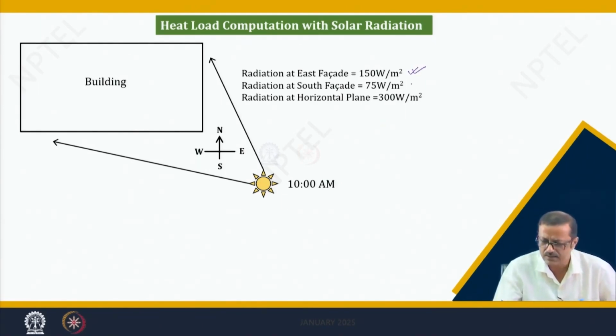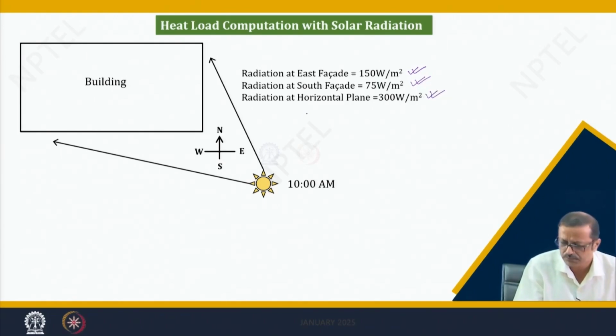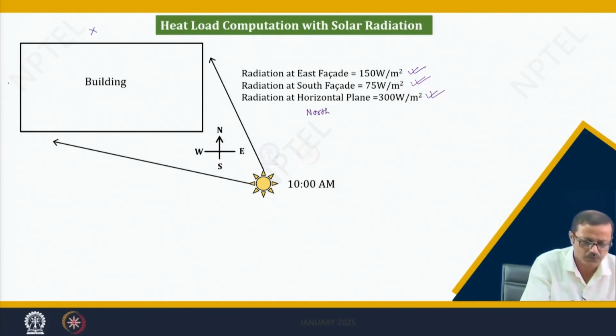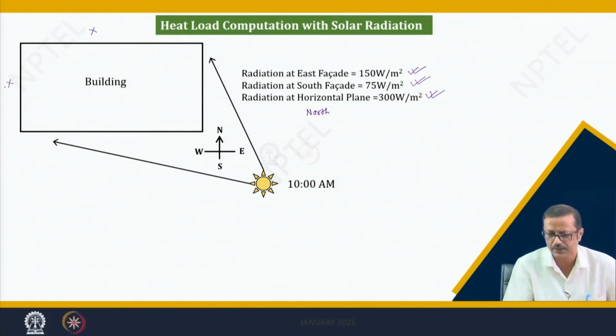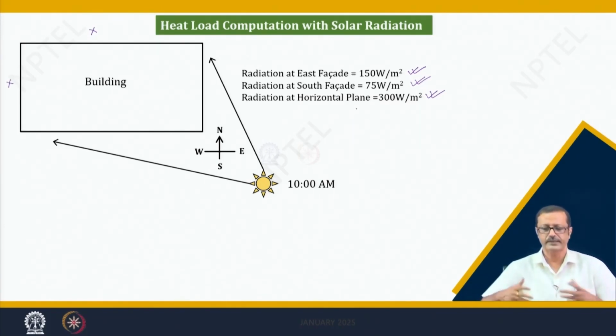South is getting 75 watt per meter square and the roof is getting 30 watt per meter square. North is 0, no radiation, and west is also 0 at this particular point.